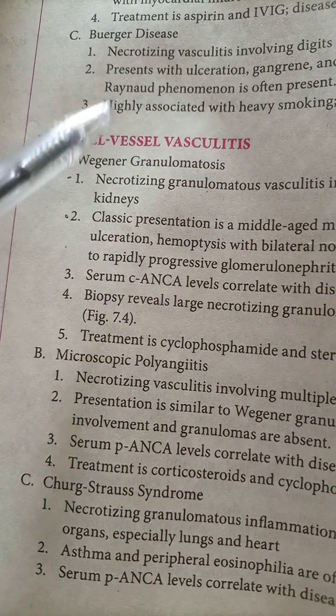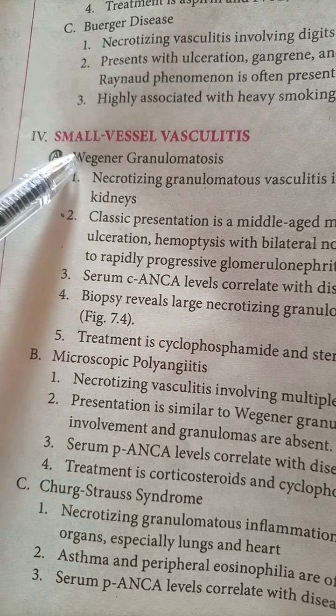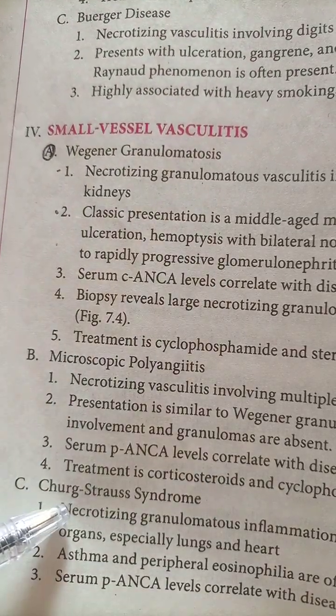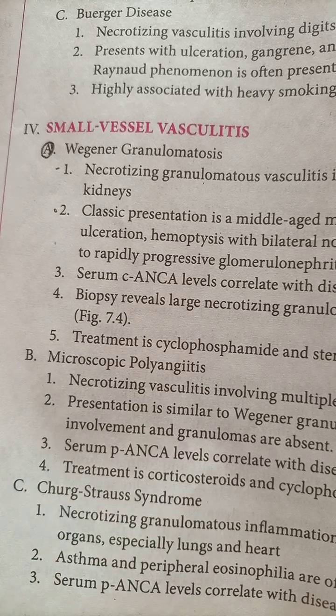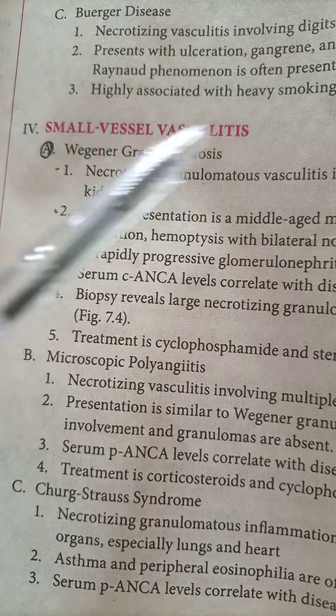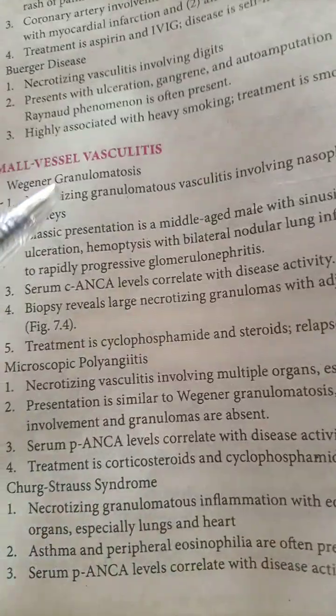And the last type is small vessel vasculitis, which includes granulomatosis with polyangiitis, microscopic polyangiitis, Churg-Strauss syndrome, and Henoch-Schonlein purpura, the last one. In granulomatosis with polyangiitis, there is involvement of the nasopharynx, lungs, and kidneys.